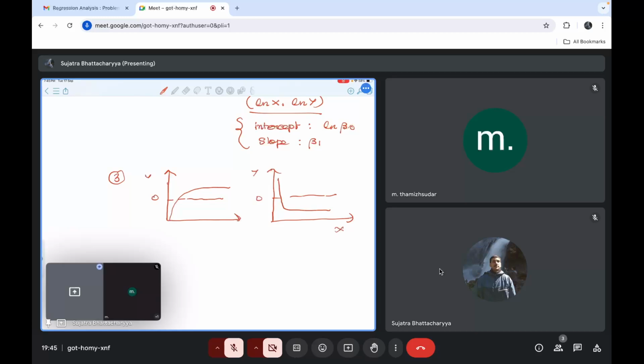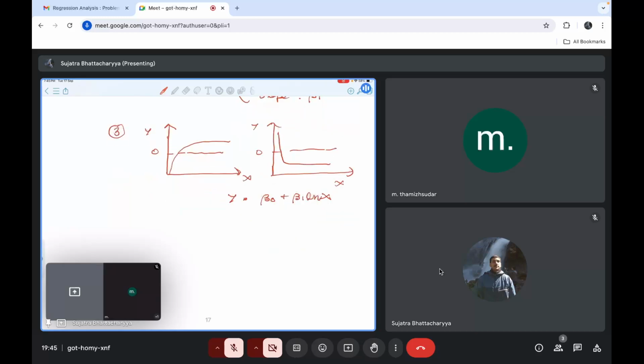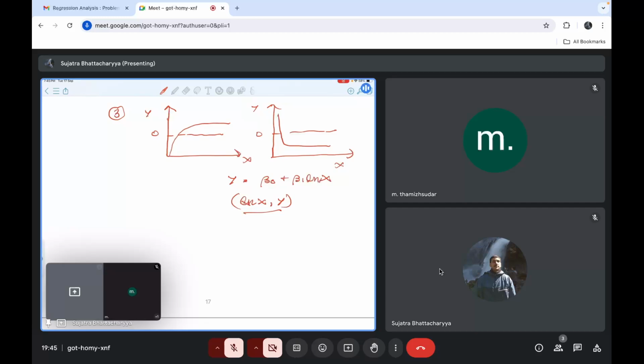This is zero, y, x. So if you have a relation like this, beta naught plus beta 1 log x, this is a relation. Okay, this is already linearized, so it is between log x and y. You can do the simple linear fitting.